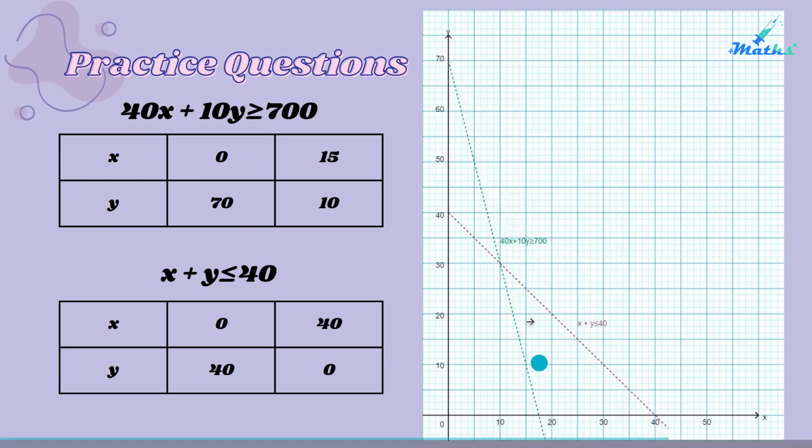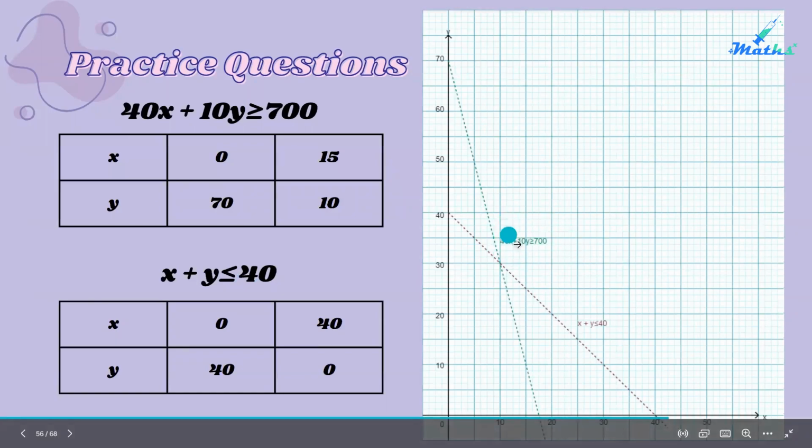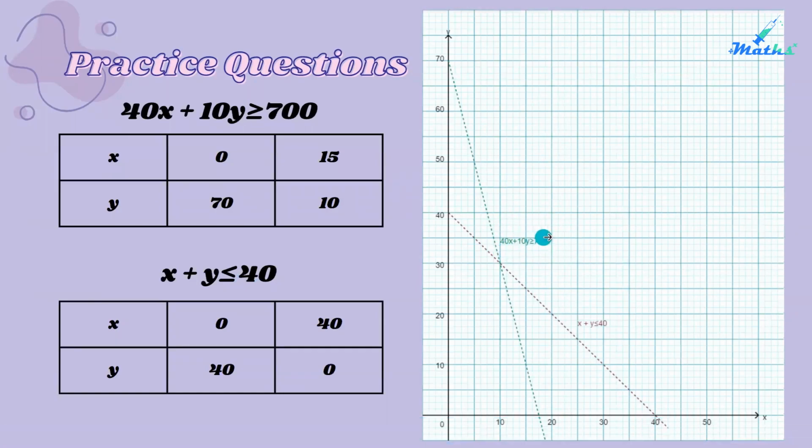So here is 40x plus 10y more than or equal to 700, and here is the line for x plus y less than or equal to 40. Since it's more than or equal to and less than or equal to, both will be the dashed line.